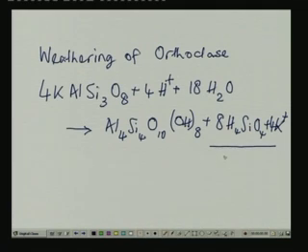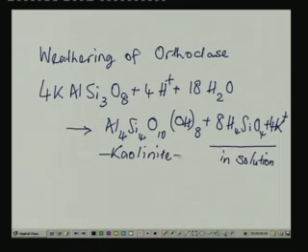So these two chemical species are in solution, and this one is kaolinite, as I mentioned, this one here. So that is a reaction which could be classified as diagenesis. You can see that the chemical characteristic of the original parent material gets altered into a different type of material.